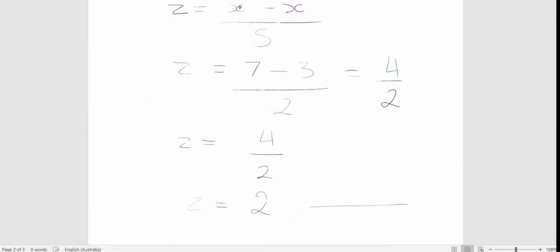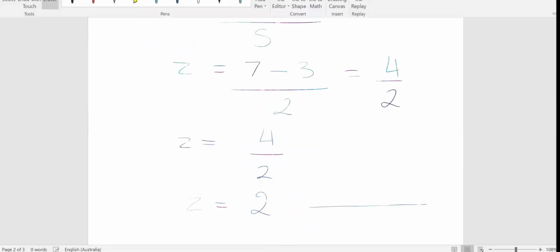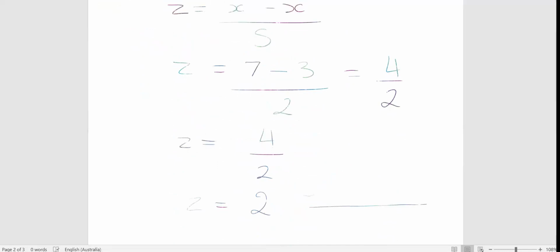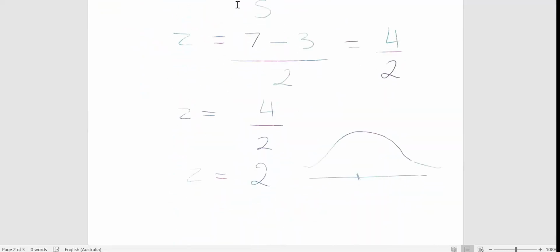Now, what does this look like graphically? If we have our normally distributed data, that's a horribly drawn bell curve. Let's try that again. So if we have normally distributed data, which is distributed around the mean, we've been told that the mean here is 3, and we want to look at the data point of 7. This is our x-axis. We've now created a corresponding z-axis.